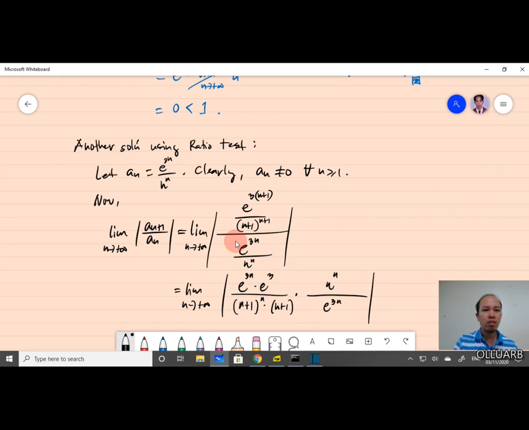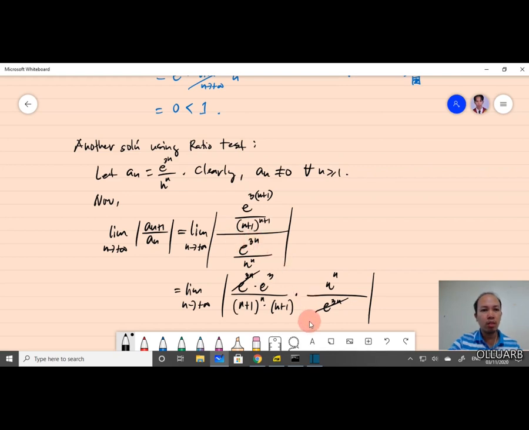So we can cancel out e to the 3n here, and what remains is e cubed, n to the n, and this denominator here.